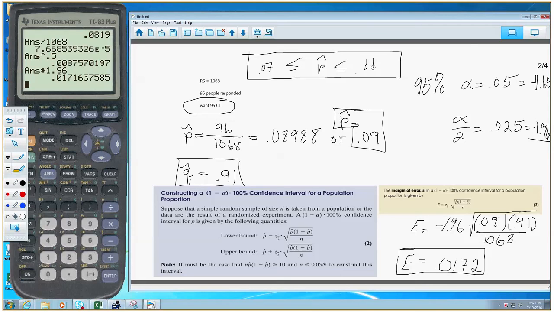So I am 95% confident that the population proportion of people that responded is going to fall between 7 and 11%. And that's what you're finding. I just found the confidence interval and the margin of error for this information right here. And that's how you do that type of question. That's the type of question, remember I showed you all 3 boxes?